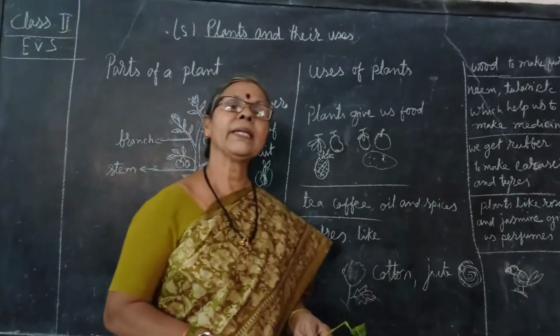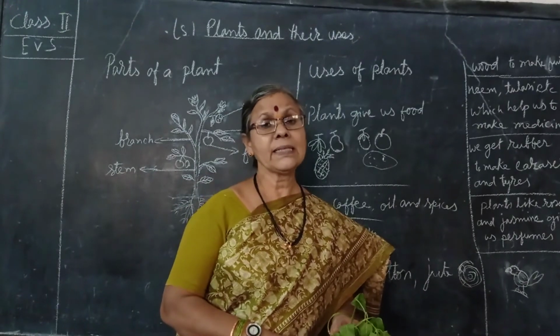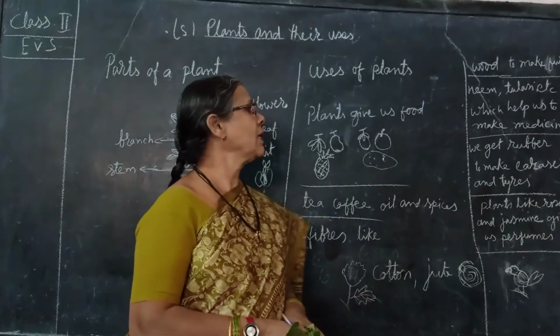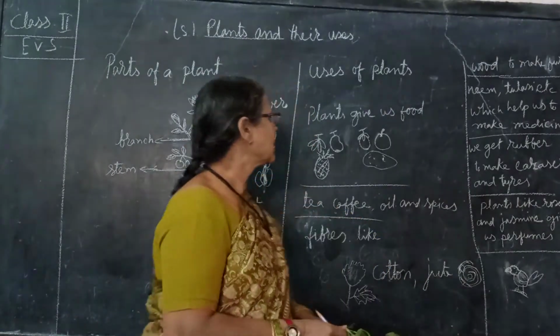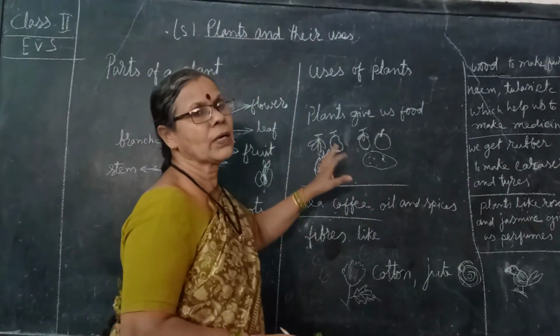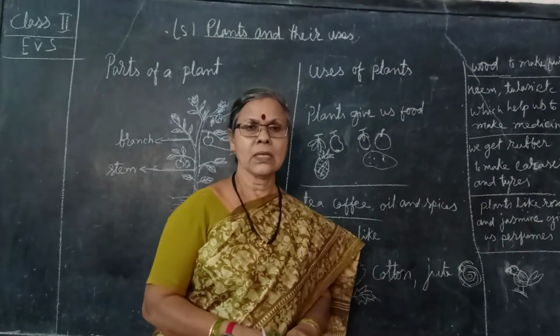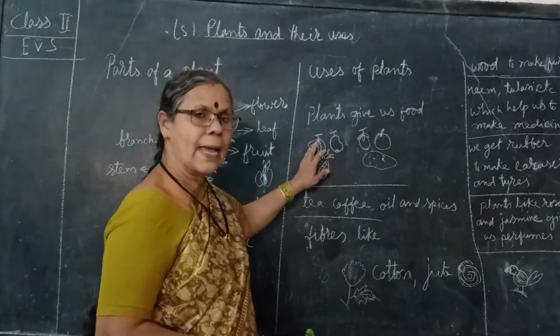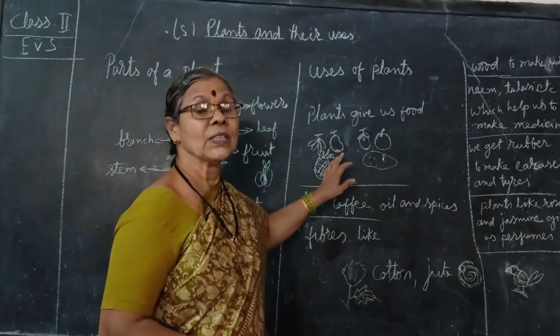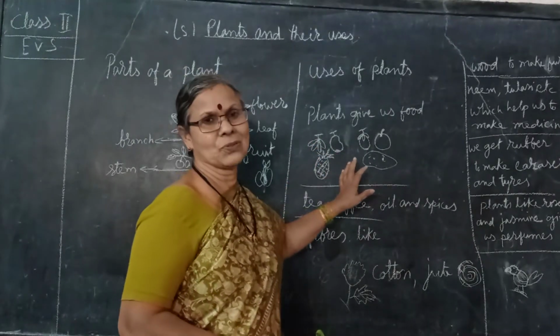We get many things from the plant. What are they? Plants give us fruits and vegetables. These are the fruits. Do you know all the fruits' names? Banana, grapes, apple, mango. We like very juicy fruits.